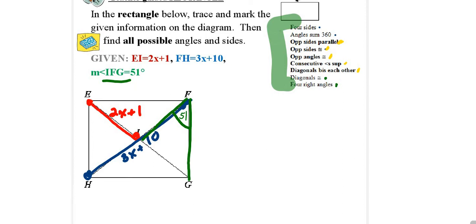I know this, that FH is equal to 2 of EI. I know 2 of the reds fit in 1 of the blues.